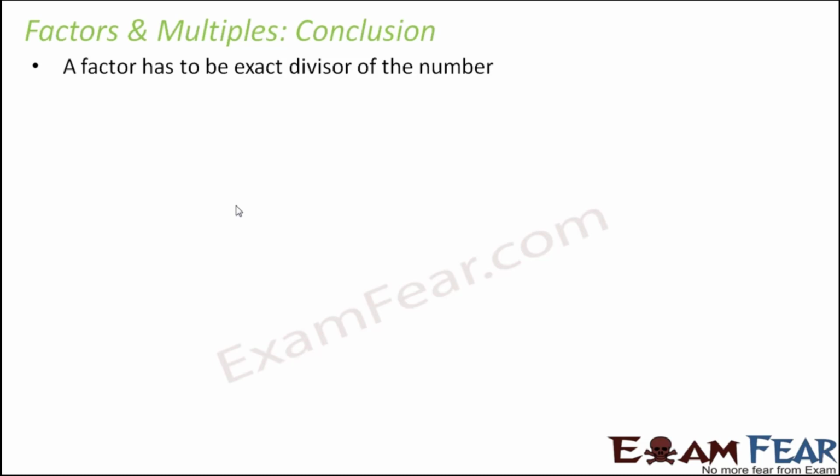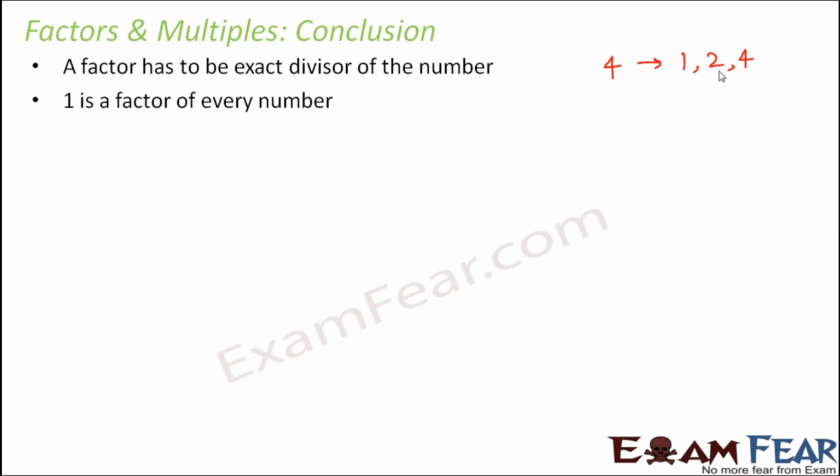So let's think of this example, 4. Only that number which divides 4 exactly, leaving 0 as remainder, is a factor. For example, 1 would be an exact divisor, 2 would be an exact divisor, 4 itself would be an exact divisor. So 1, 2 and 4 would be the factors of number 4.